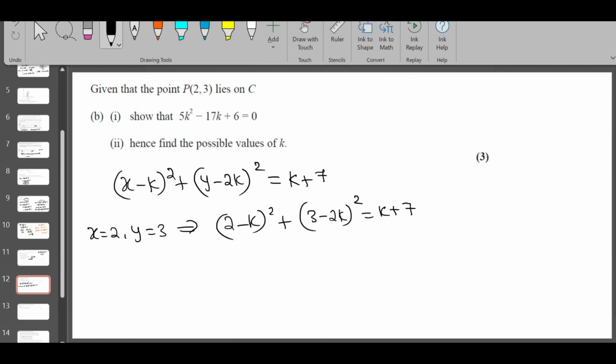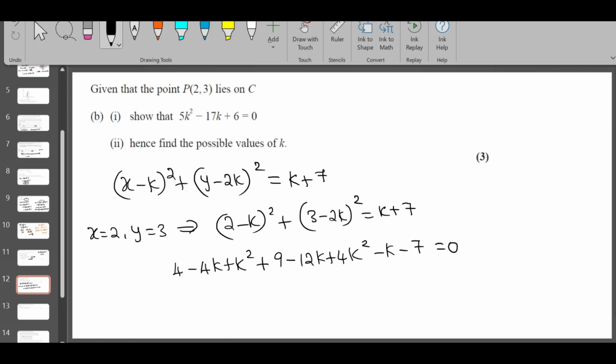Simplify this, move all the terms to one side, open the bracket, you will get this equation. (2 minus k) whole square is a square minus 2ab plus b square. (3 minus 2k) whole square, a square minus 2ab plus b square, and put k plus 7 this side, minus k minus 7.